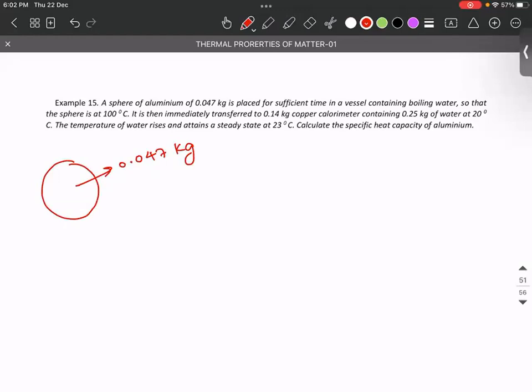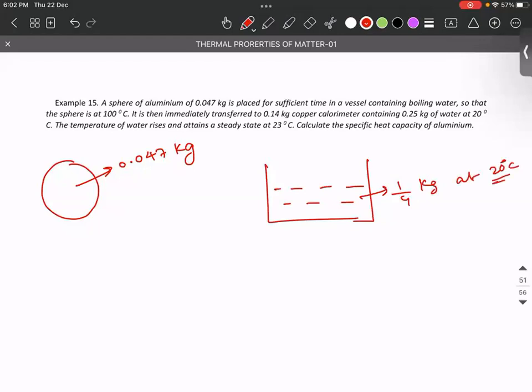It is going to acquire the temperature of the boiling water, so the sphere is at 100 degrees Celsius. It is then immediately transferred using an insulating rod to a copper calorimeter, which contains 1/4 kilogram of water, which is present at 20 degrees Celsius.